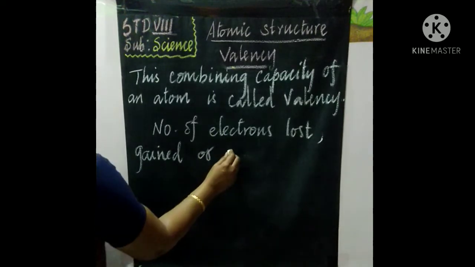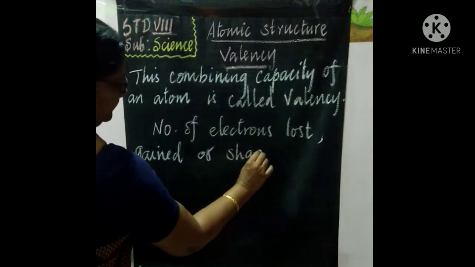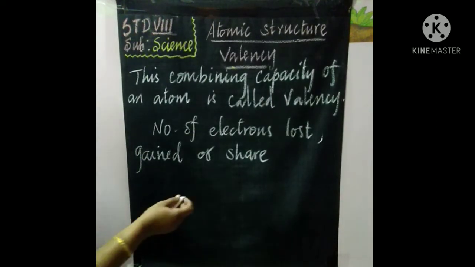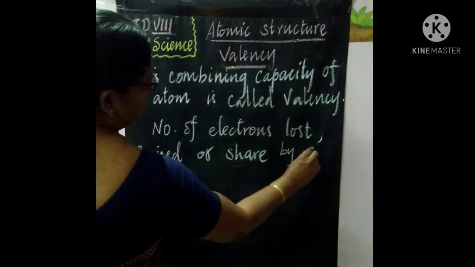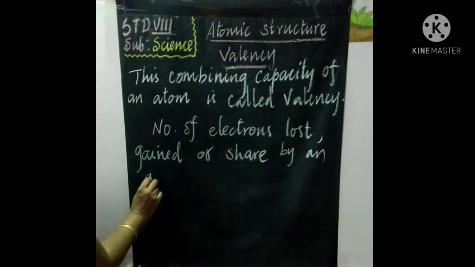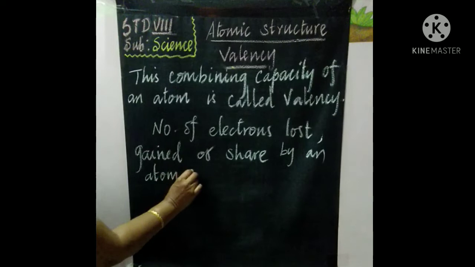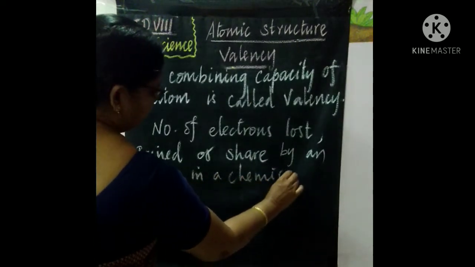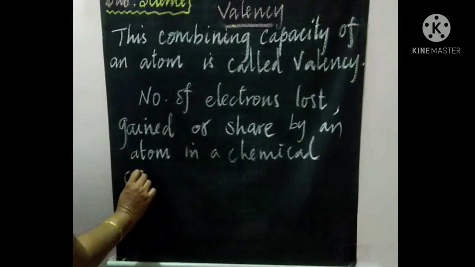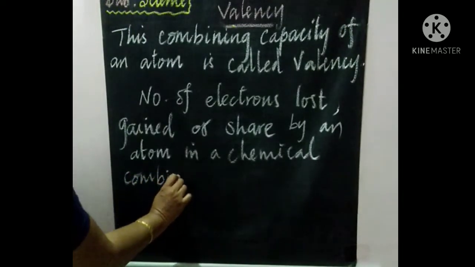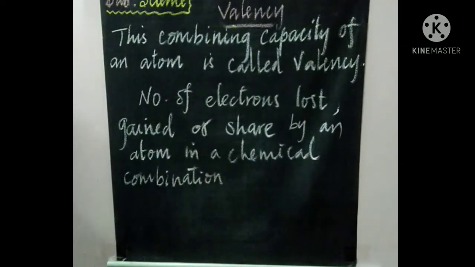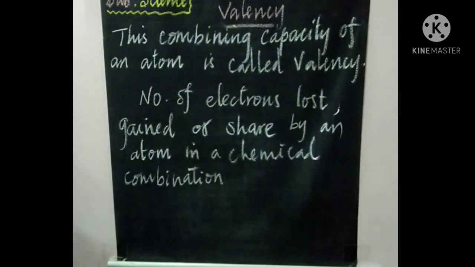So the number of electrons lost, gained or shared by an atom in a chemical reaction is known as valency.